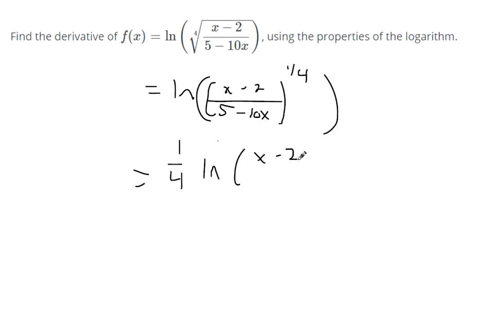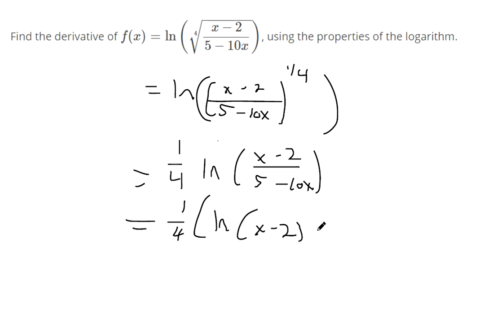So that gets rid of the 1/4, puts it out front. And then we can use the quotient property of logarithms. This is natural log x minus 2 minus natural log 5 minus 10x. And now you can start doing some calculus after that. Now you can evaluate the derivative of each term like we did in the other problems.